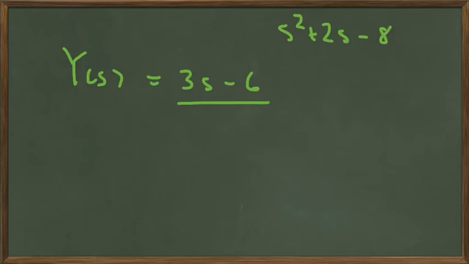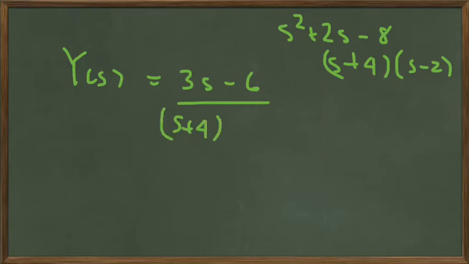We are going to factor that just like we did in the alternate method, the characteristic equation method: s plus 4, s minus 2. So we're going to divide that by s plus 4 and s minus 2.